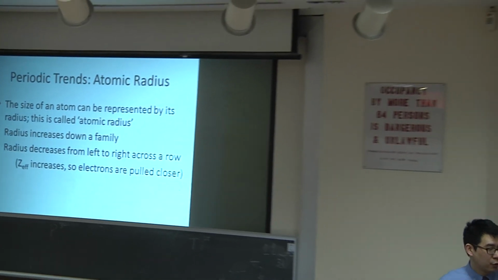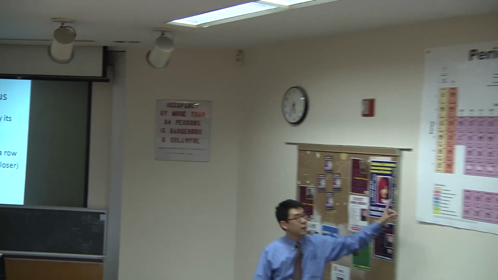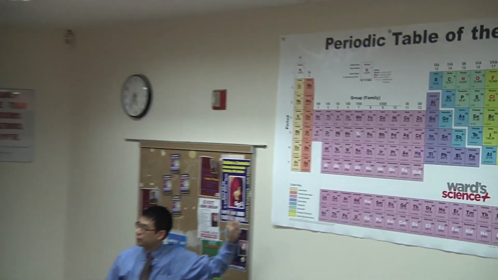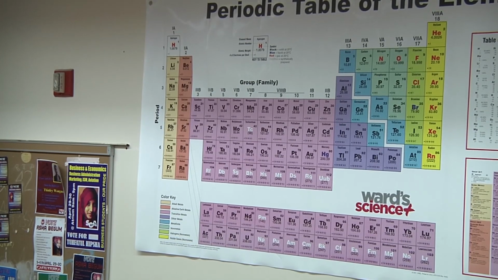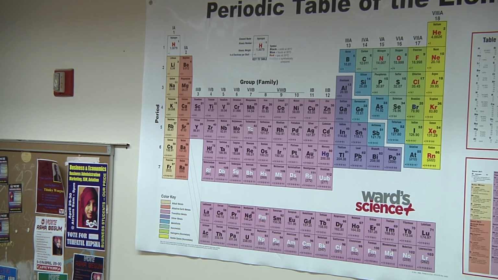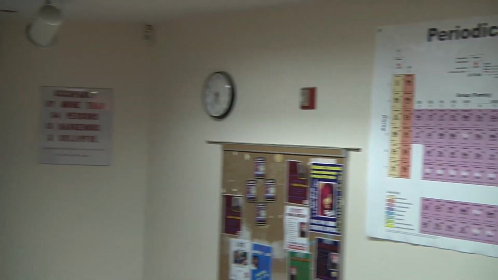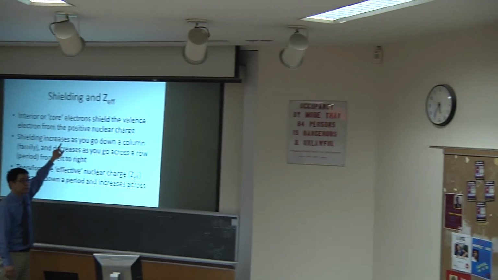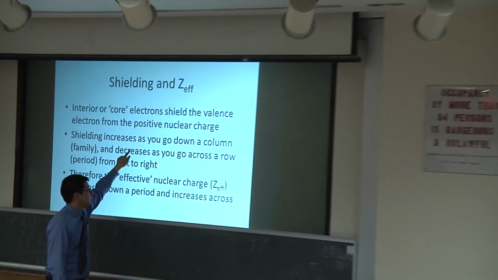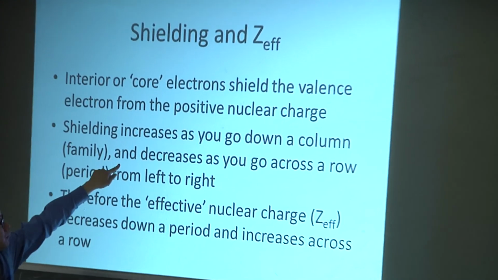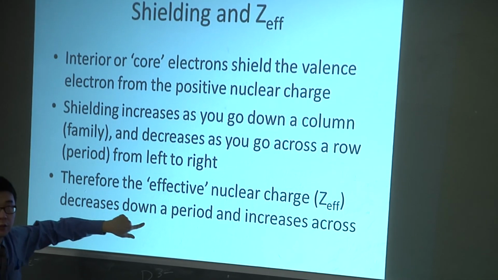Now, what about as you go from left to right? As you go from left to right, n is the same, so the distance, in principle, is about the same. But we have to think now about Z effective. In the last slide, we said as we went from left to right, shielding decreases, and Z effective increases.